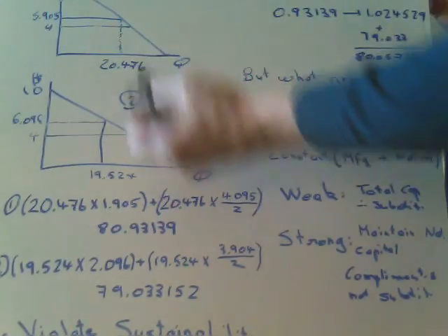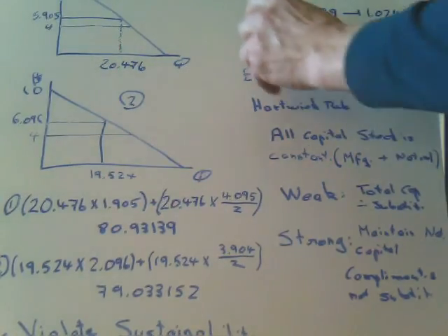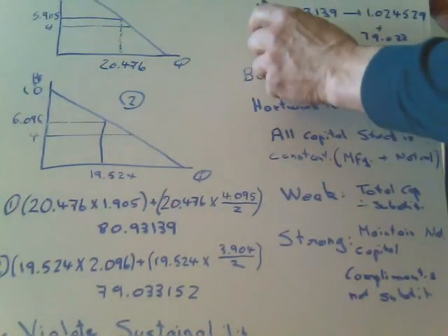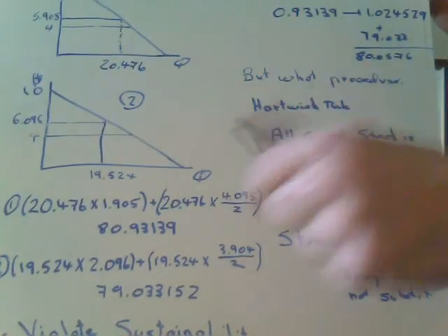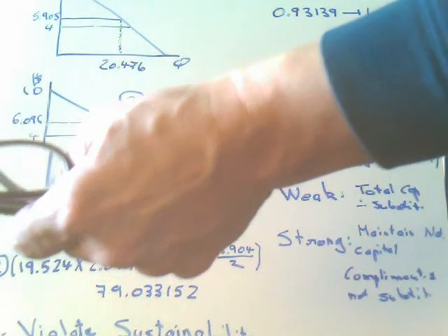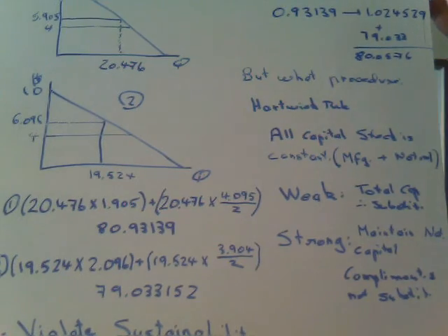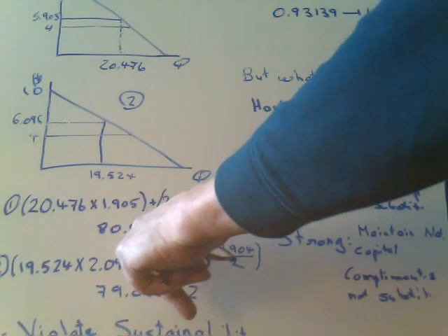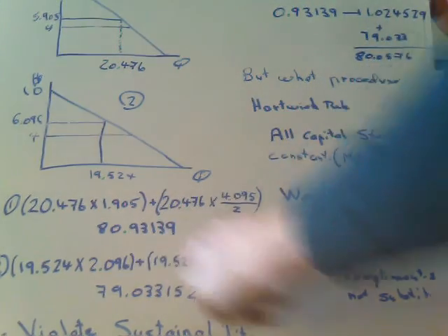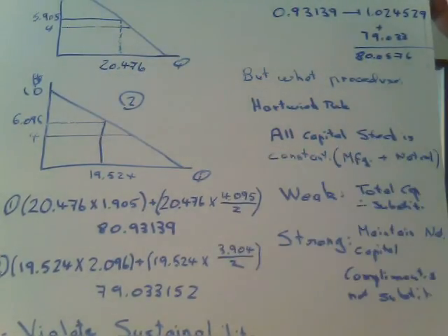You go ahead and you do an efficient allocation. But you put aside, you save part of the revenue from that particular allocation and you pass it along to the future. So in this case, to show you how it will work, I'm going to take away the 0.93139 from the first period.